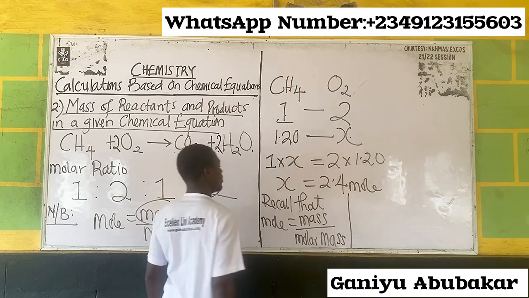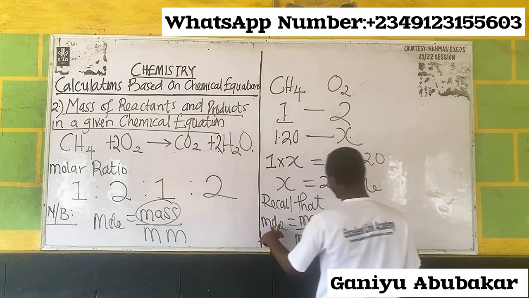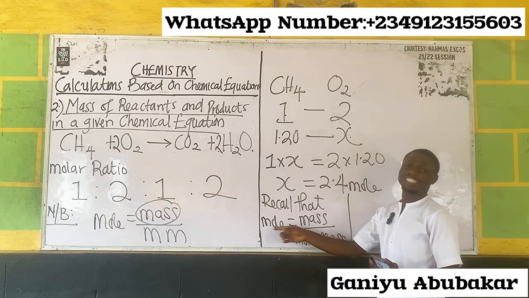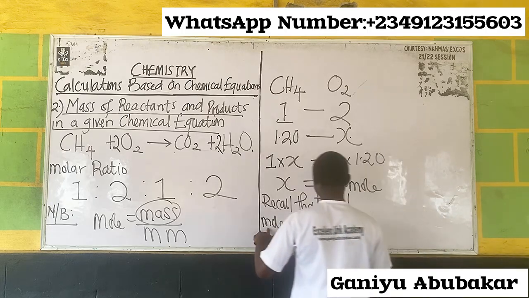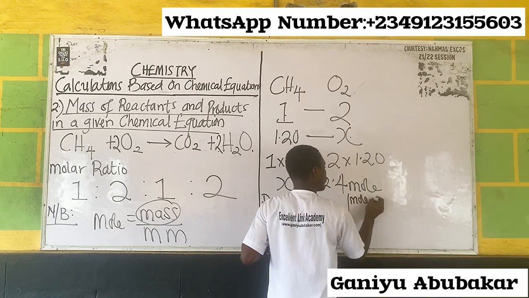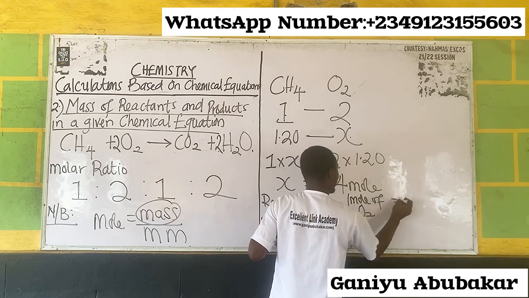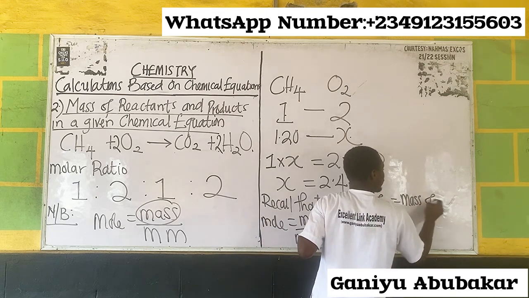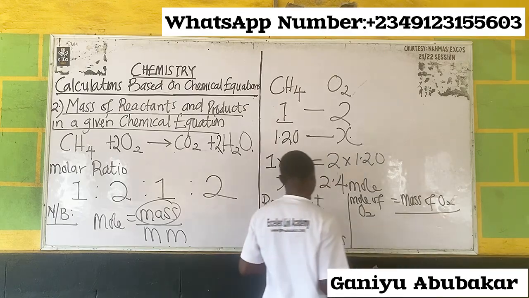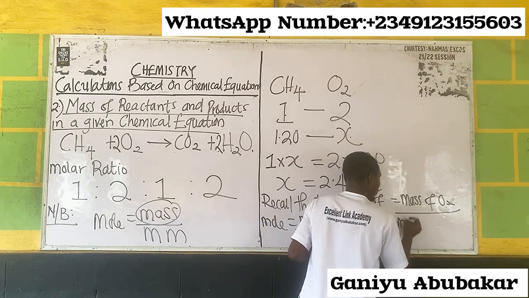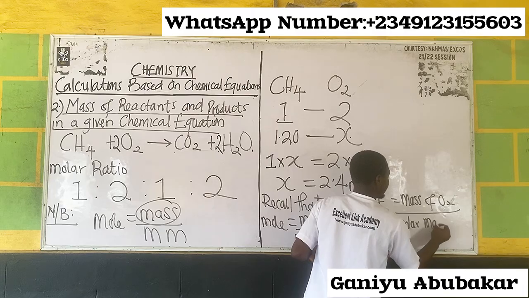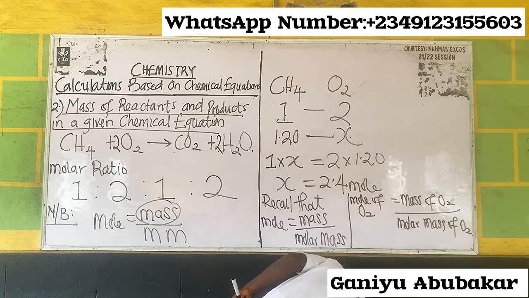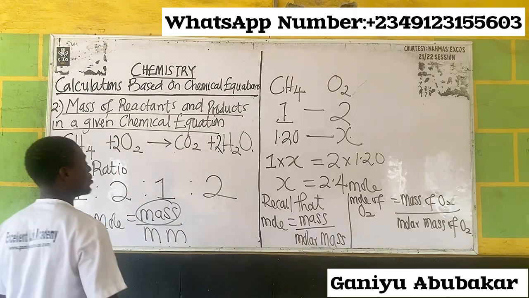The mole of oxygen is 2.4, so we express everything in terms of oxygen: mole of oxygen equals mass of oxygen over the molar mass of oxygen. So let's get this done. We want to get the mass of oxygen.